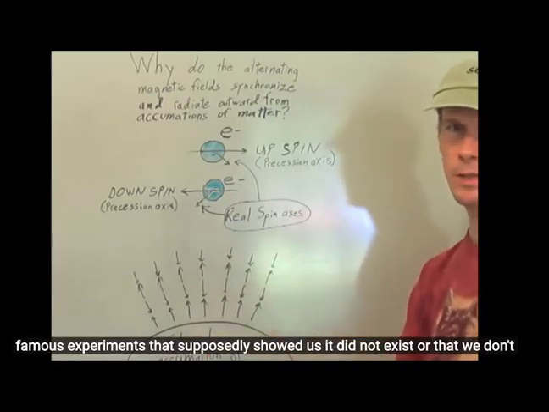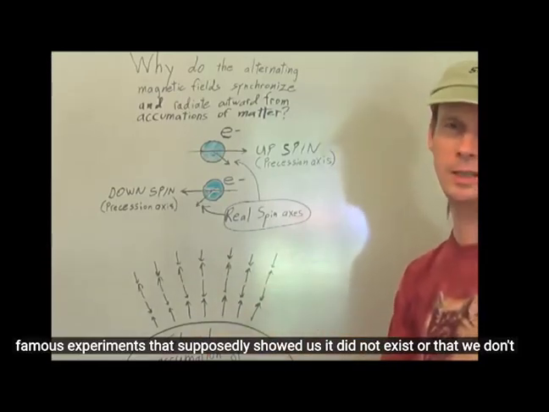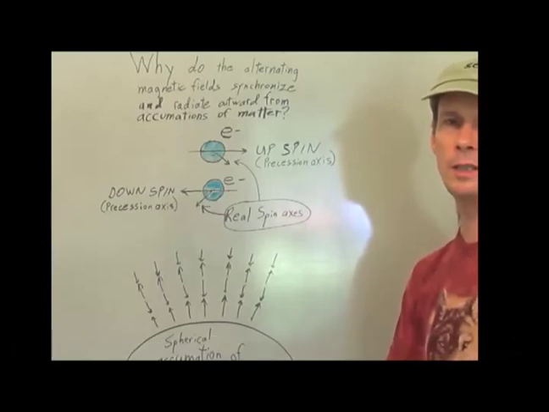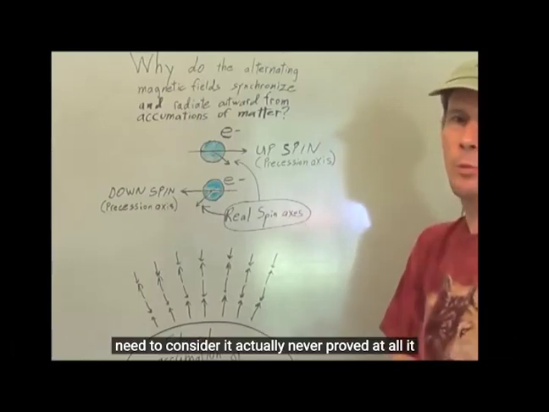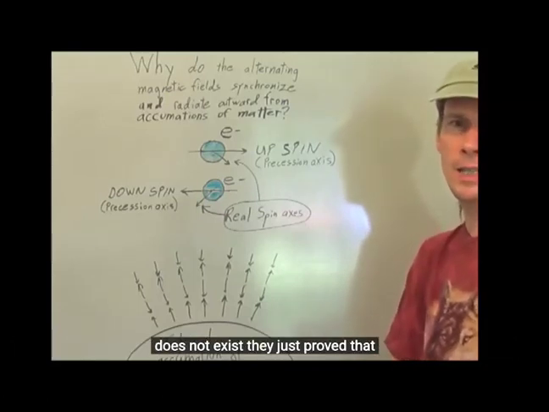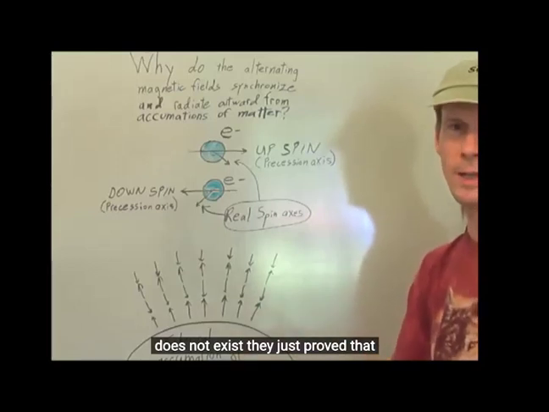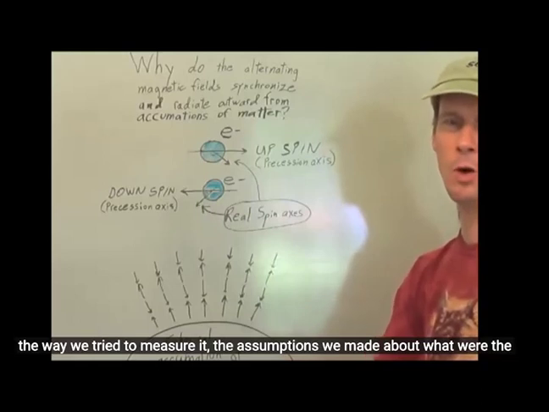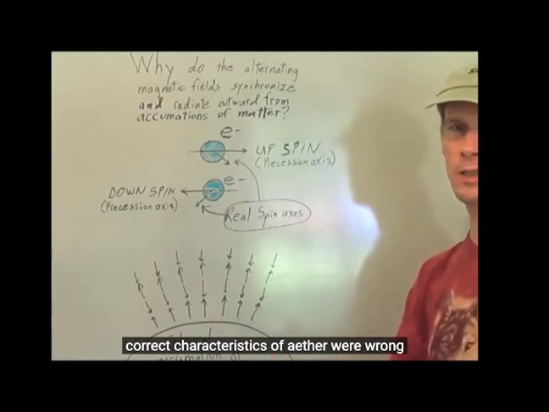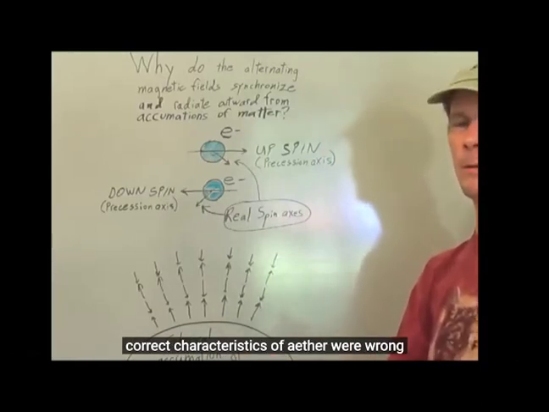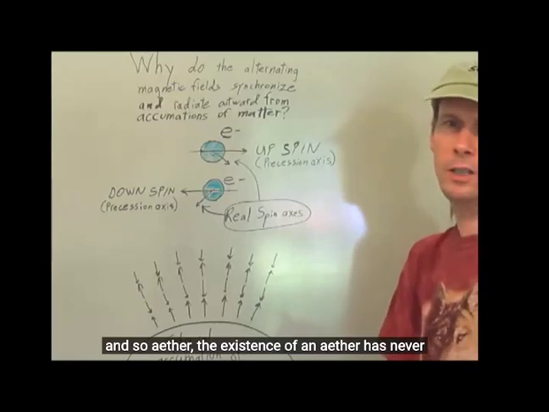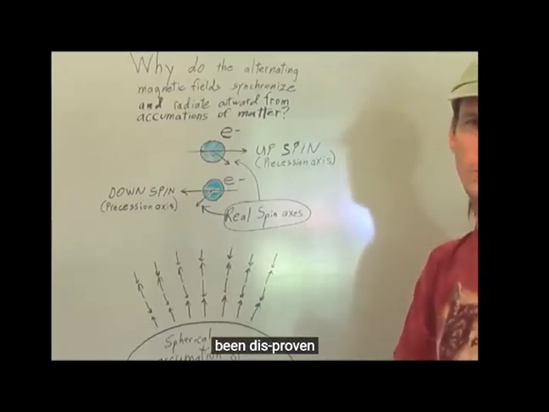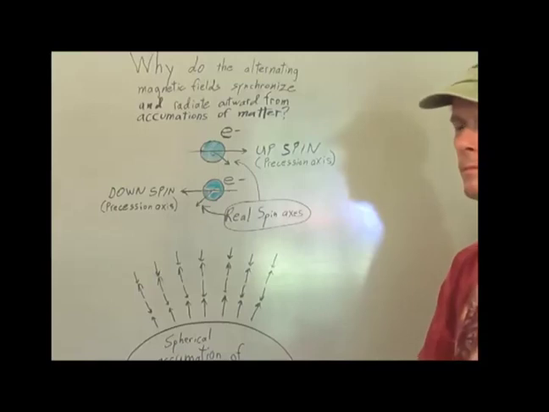Famous experiments that supposedly showed us that it did not exist or that we don't need to consider it actually never proved at all that it does not exist. They just proved that the assumptions we made about the correct characteristics of ether were wrong. And so the existence of an ether has never been disproven.